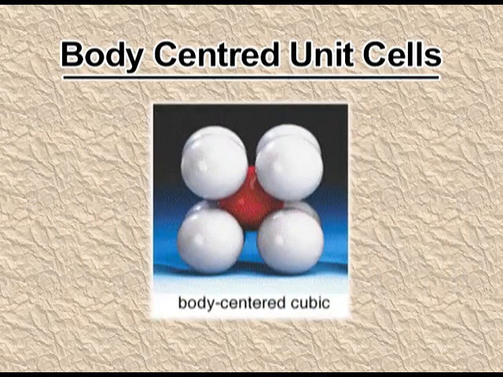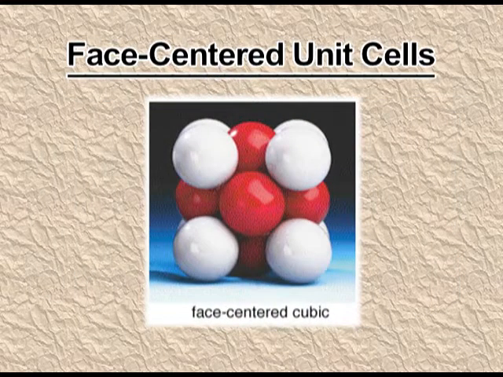You can see a red ball in between the white balls. Then in the third, that is face-centered unit cell, the constituent particles are present at the corners, and in addition, the constituent particles are present at the center of each face, that is FCC unit cell.